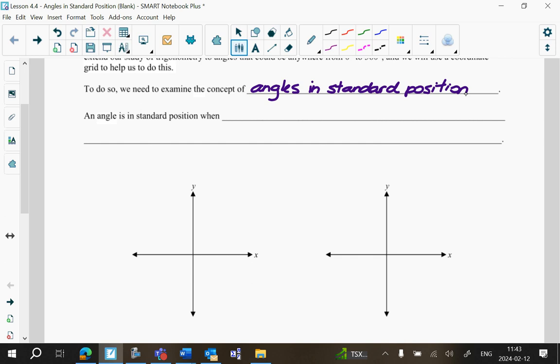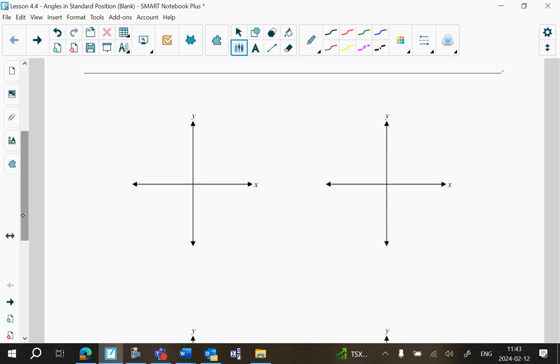And I'm just going to show you how we draw angles in quadrant 1. One of the arms of your angle will always be the positive x-axis. Okay? We call that the initial arm.